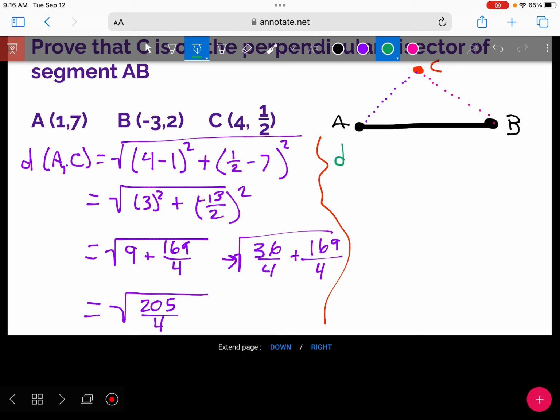So then we're going to do the distance between B and C. Four plus 3 squared and 1/2 minus 2 squared.